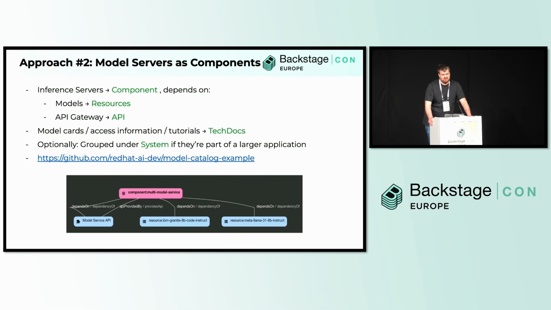And then optionally, we left the system field empty if we needed to group these together under a larger AI application or grouping of sorts later. And so this is what the dependency graph looks like for our current approach.